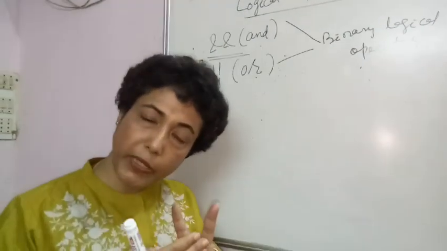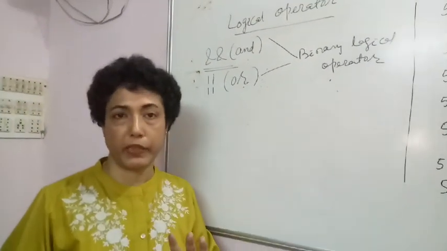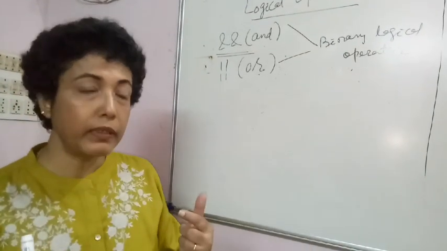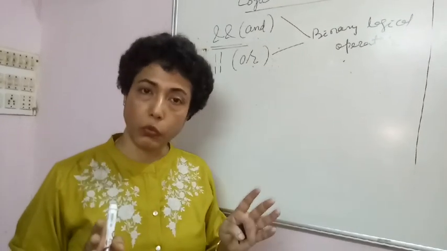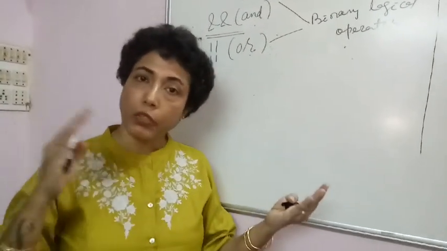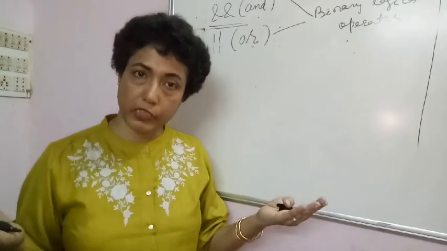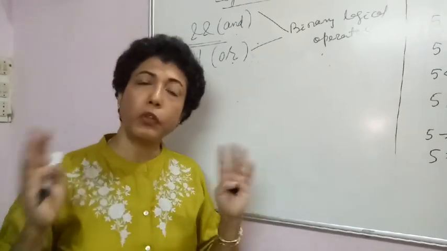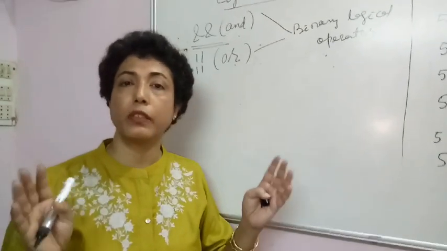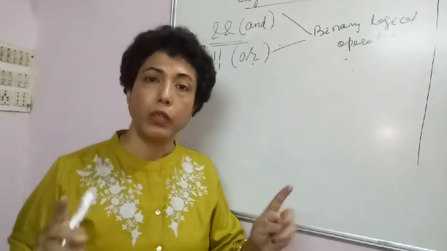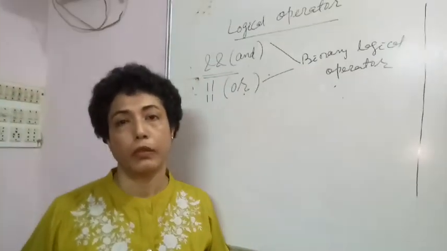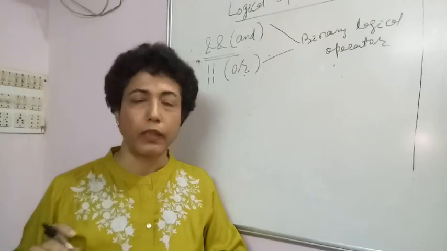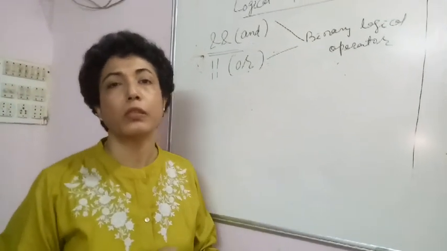It appears in between those two relational expressions and it gives the answer true, I repeat, when both of those relational expressions are giving the answer true. Only when both are true, the answer is true. If any one of them is giving the answer false, then the whole expression becomes false.